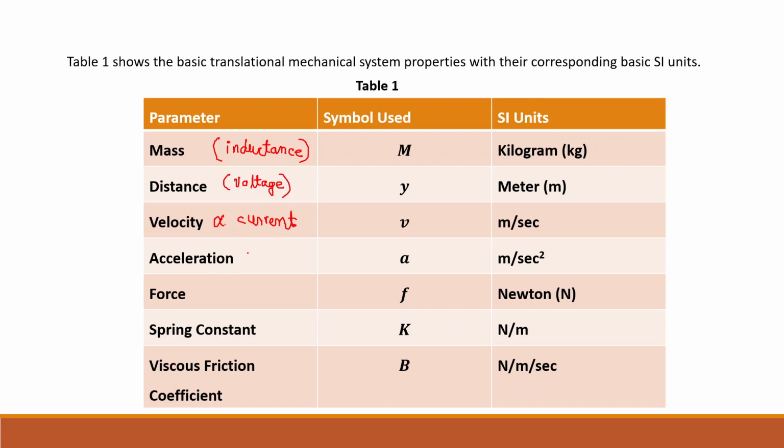And acceleration can be again considered force. Oh, my bad. So the voltage is the source, right? So what is the source in a mechanical system? It is the force.